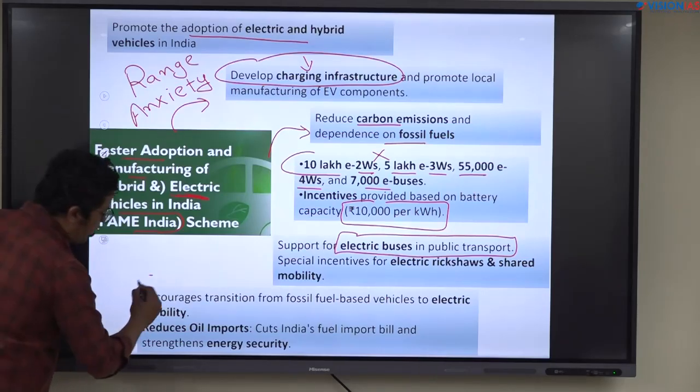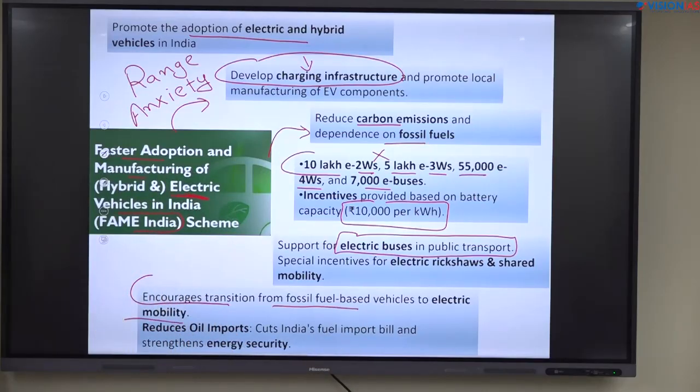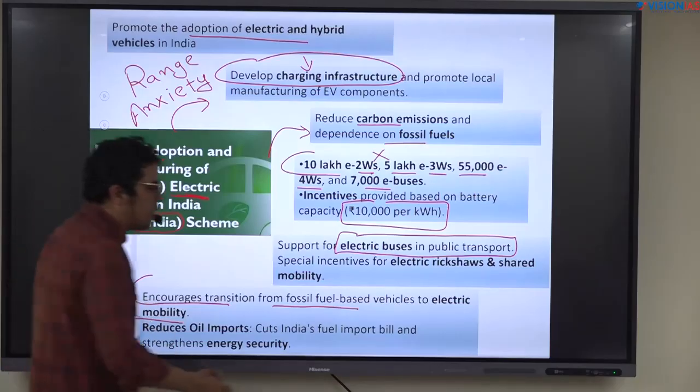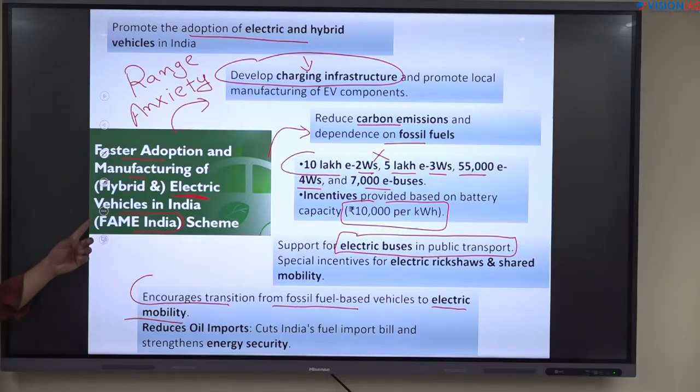So it encourages our transition from fossil fuel to electric mobility. This is the term which is making headlines nowadays, electric mobility. Making India capable of this. We are manufacturing more and more EVs, and not only manufacturing, we are using more and more EVs, so that our economic conditions and manufacturing improve and our greenhouse gas emission comes down.